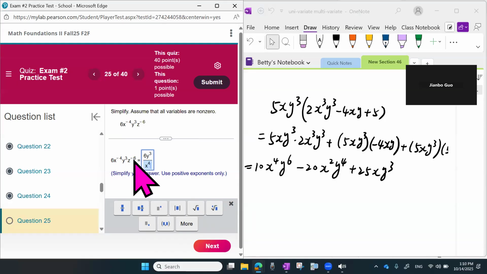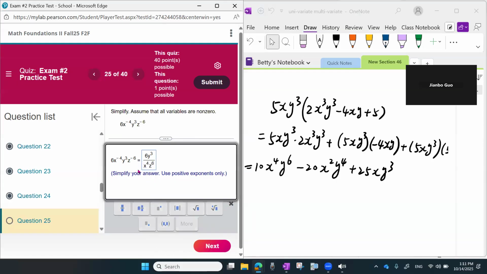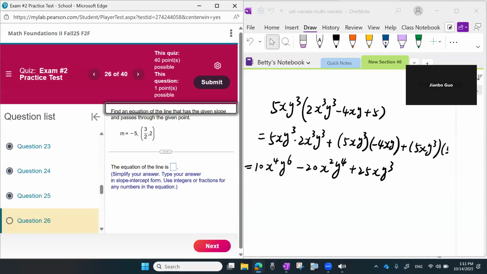And z to the power negative 6, remove the negative sign and put a z to the power 6 in the denominator. Okay, double check: 6y cubed in the numerator, x to the power 4, z to the power 6 in the denominator. Okay, awesome. Next, question number 26.